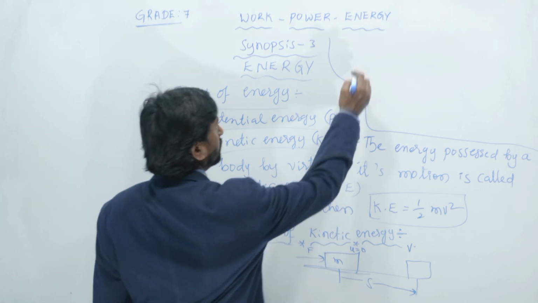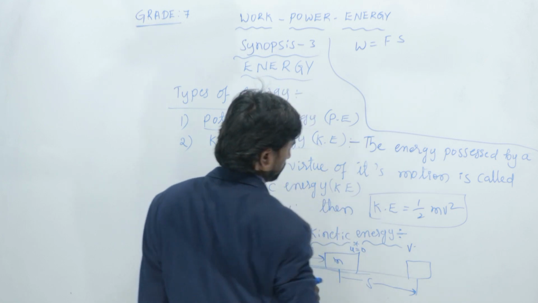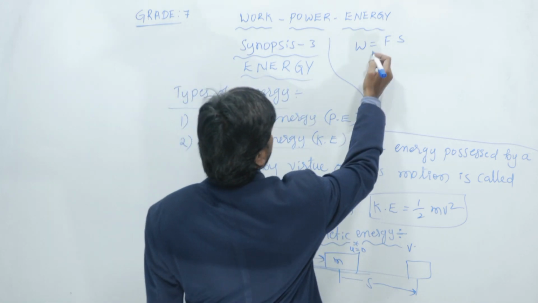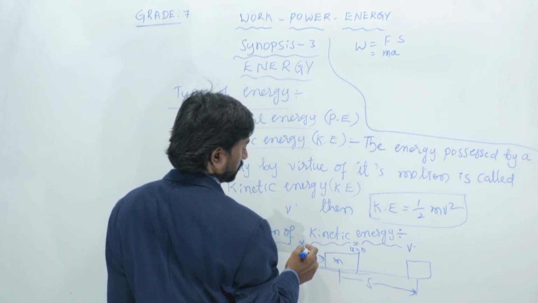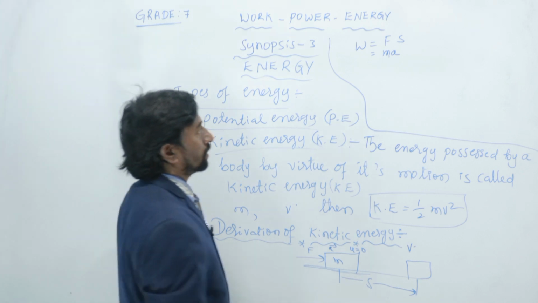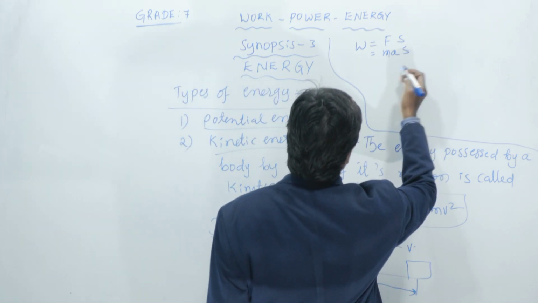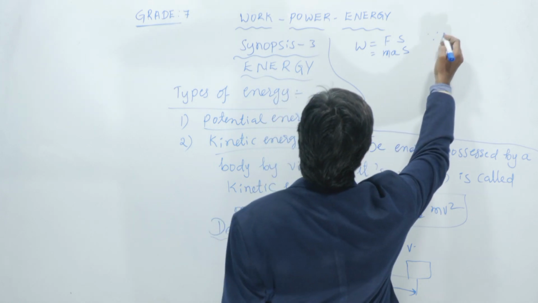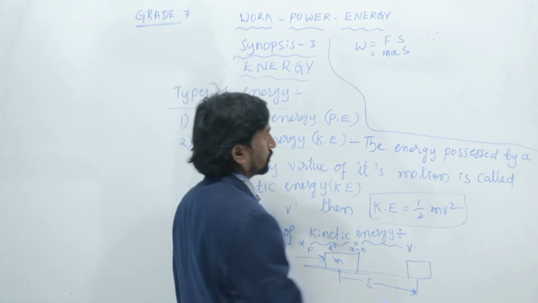Work done on the body is written as W equals F into S. Then F is nothing but mass into acceleration. If a force is applied, the body moves with a certain acceleration. Initially the body is at rest, so from the third equation of motion, v square minus u square is equal to 2as.